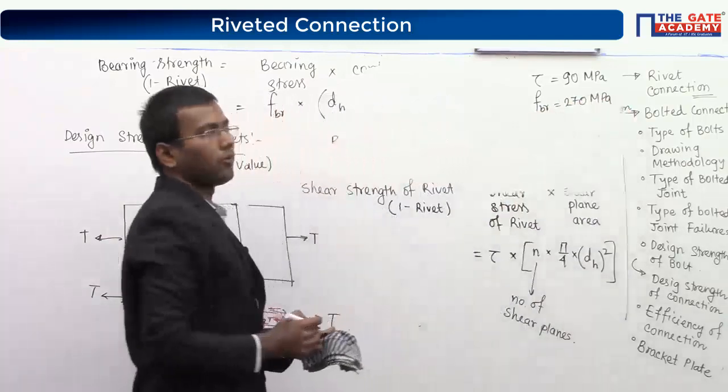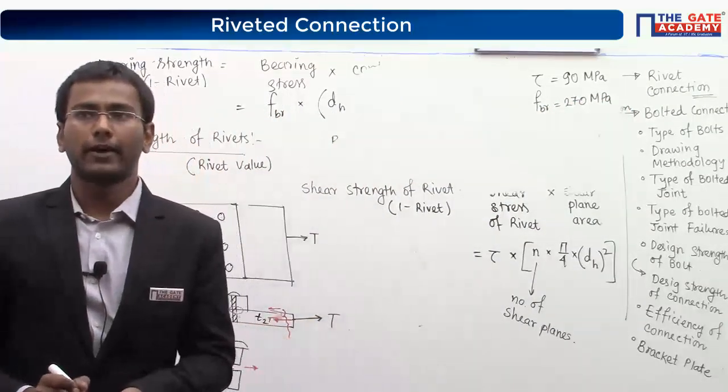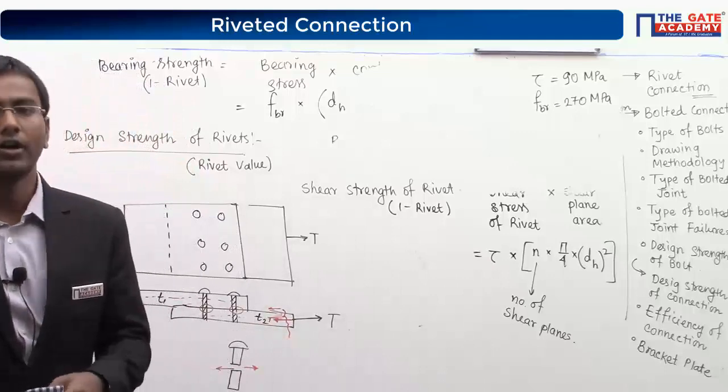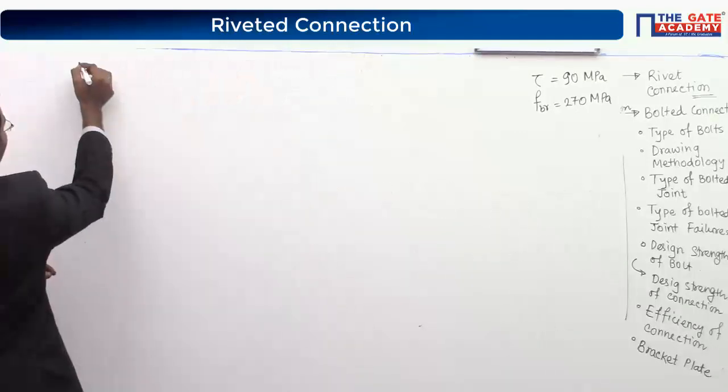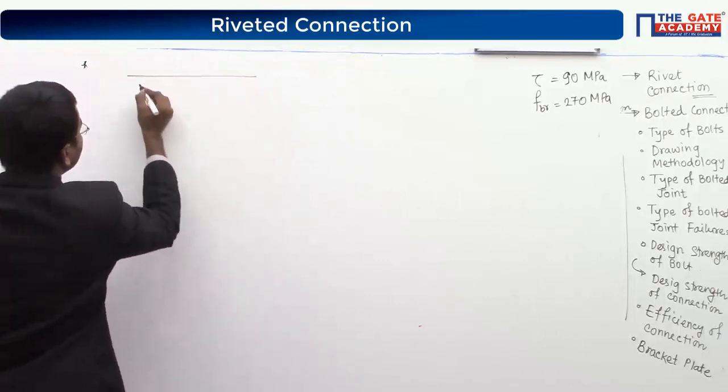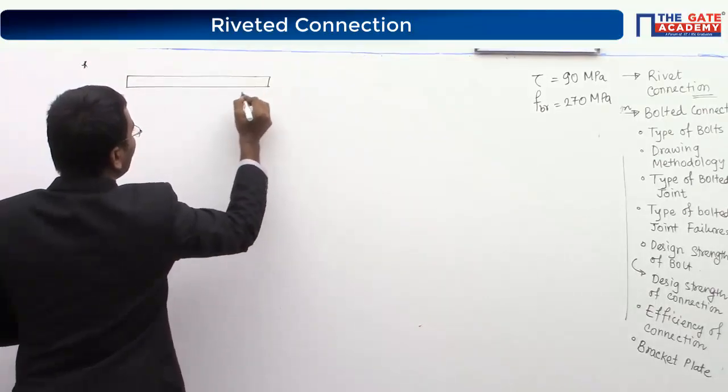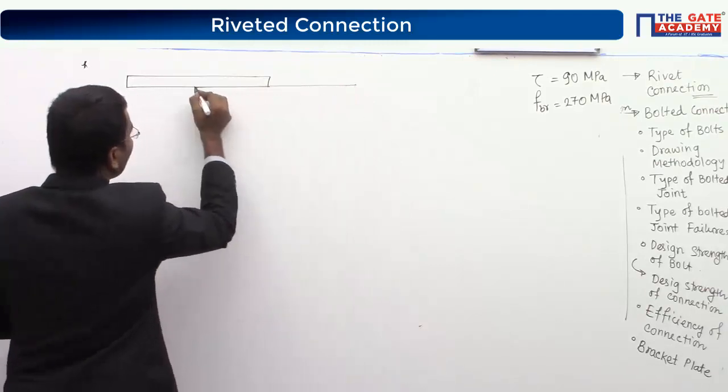This data you have provided. Please find out the strength of the rivet or rivet value. So you can see that one plate has a thickness of 8 mm and another plate has a thickness of 10 mm.